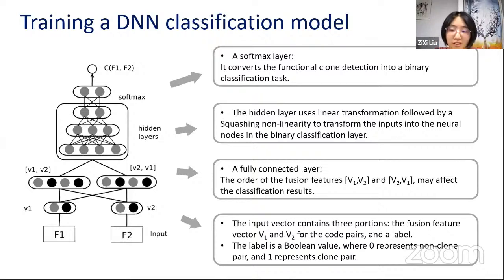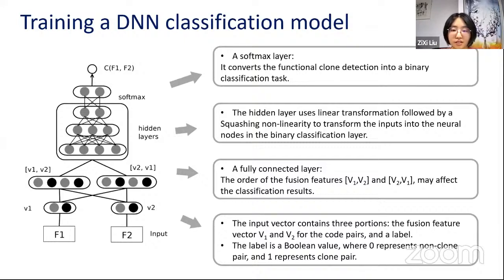The syntactic and the semantic vector are both represented as a 16-dimensional vector. We choose this length through experimental comparison, and the experiments will be shown later. We use a pair of code features to represent whether the 2 functionalities are clones, and the label is 0 or 1, meaning the code pair is cloned or not cloned.